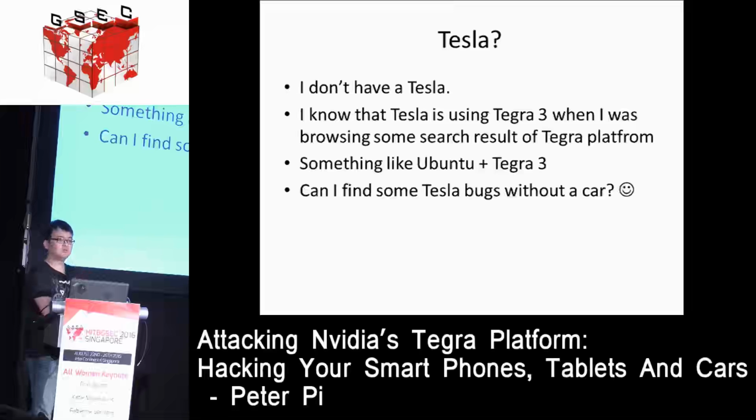So what about Tesla? I don't have a Tesla to test, but I know that Tesla is using the Tegra 3 platform when I was browsing some search results of the Tegra platform. It is something like Ubuntu plus Tegra 3. So I thought about that: can I find some Tegra bugs without a car?